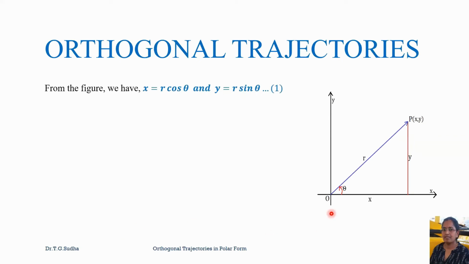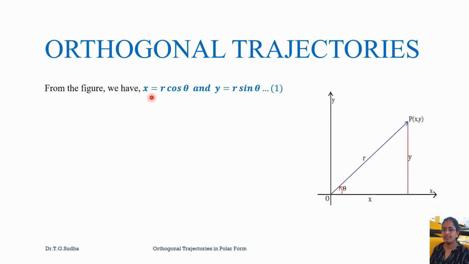Now from the figure, we have x is equal to r cos theta because cos theta is adjacent side x divided by the hypotenuse r. So we get x is equal to r cos theta. Similarly, sin theta is opposite side y divided by the hypotenuse r. Therefore, we get y is equal to r sin theta.